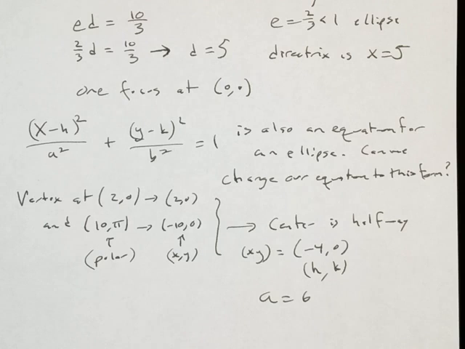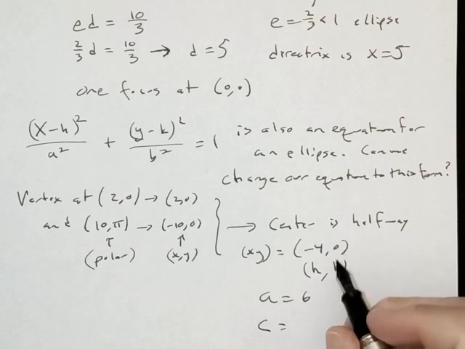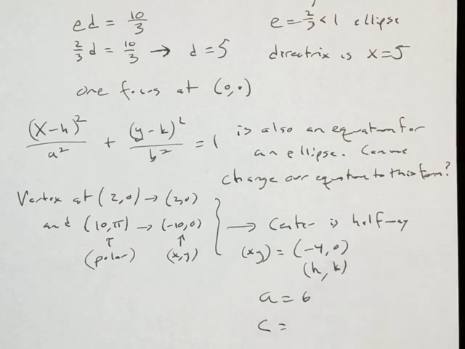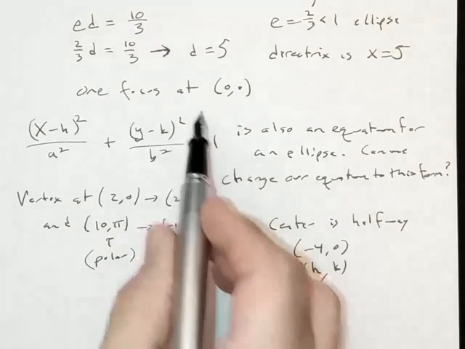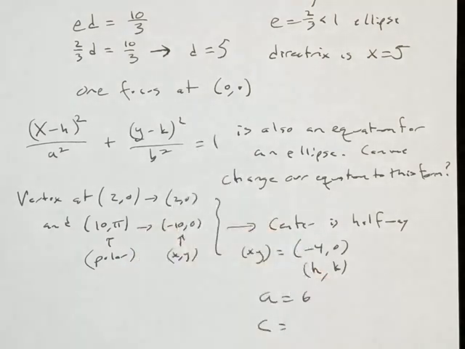C. It's even in the word focus. C. So C is the distance from the center to one of the foci. Hey, wait a minute. Do we know where one of the foci is? It's at the origin. How far is it from the center to the origin? That's 4 units.